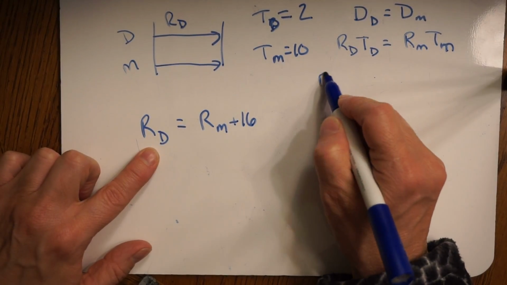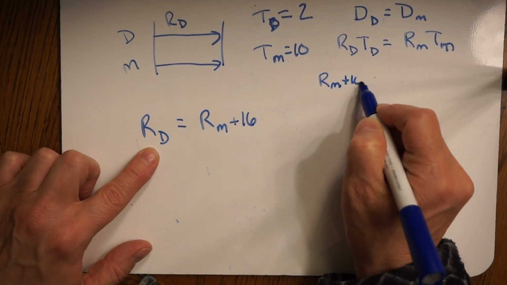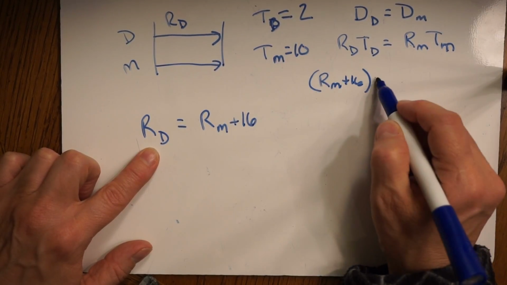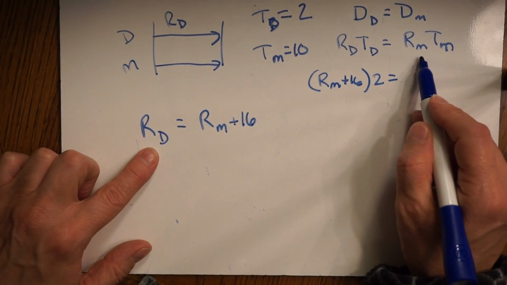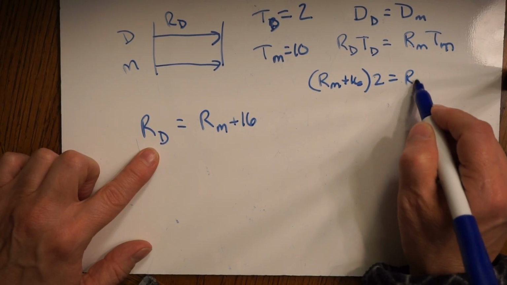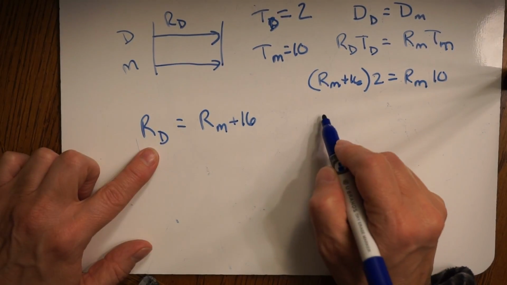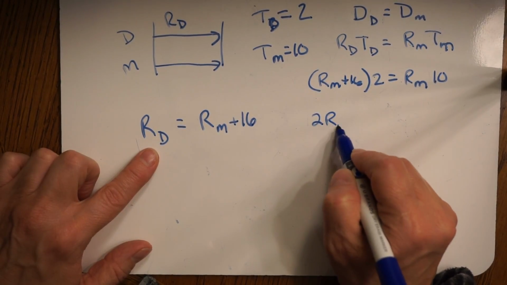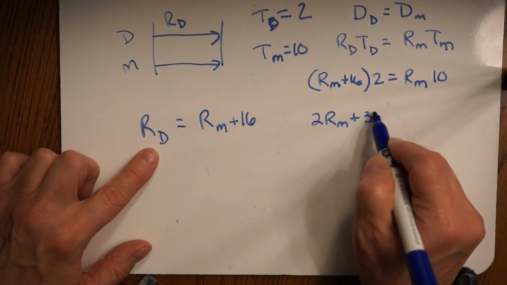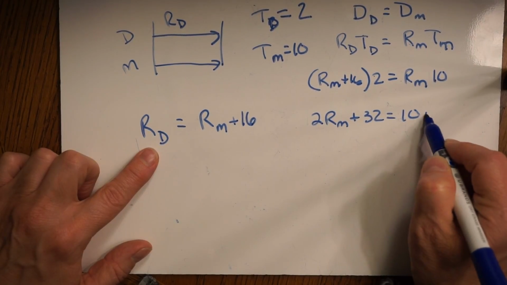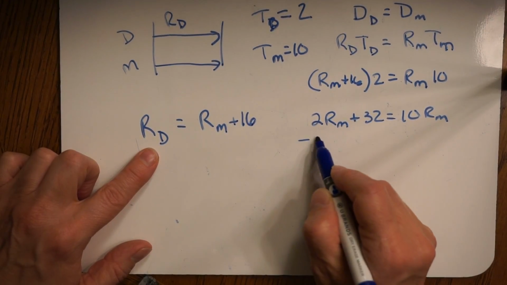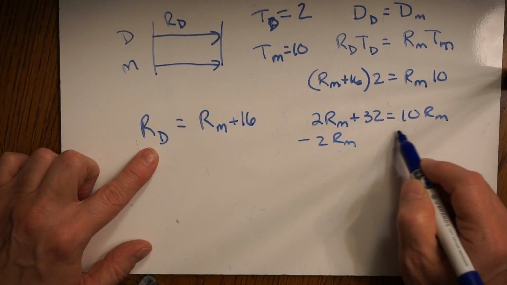RD is equal to RM plus 16. TD is equal to 2. RM, that's the variable we're going to solve for. TM is 10. Okay, we're going to distribute: 2RM plus 32 is equal to 10RM. Constants to one side, variables to the other.